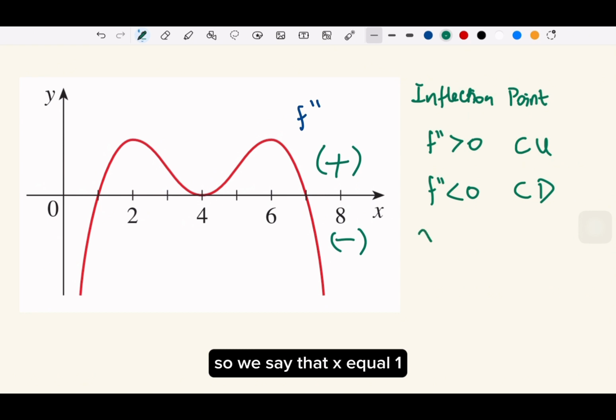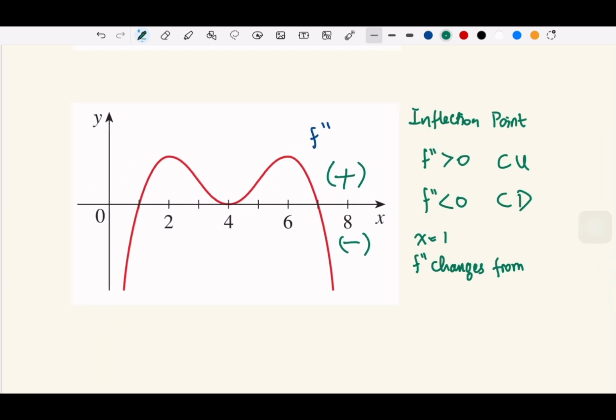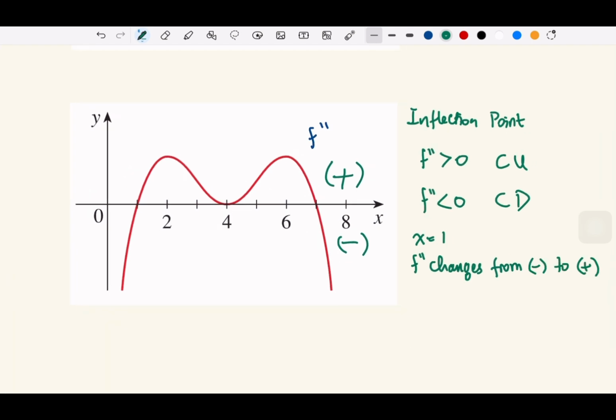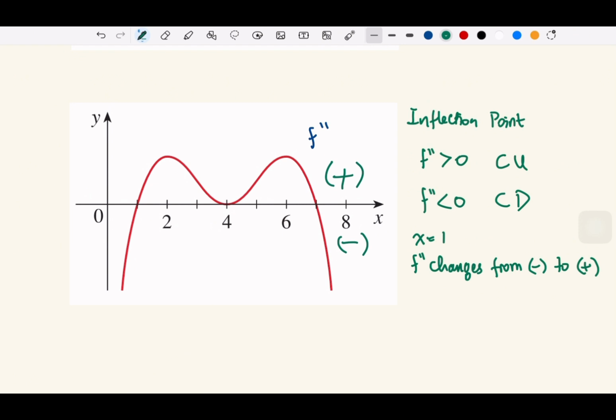So we say that at x equal 1, f prime changes from negative to positive. Okay? At 4, it's actually the slope 0, right?